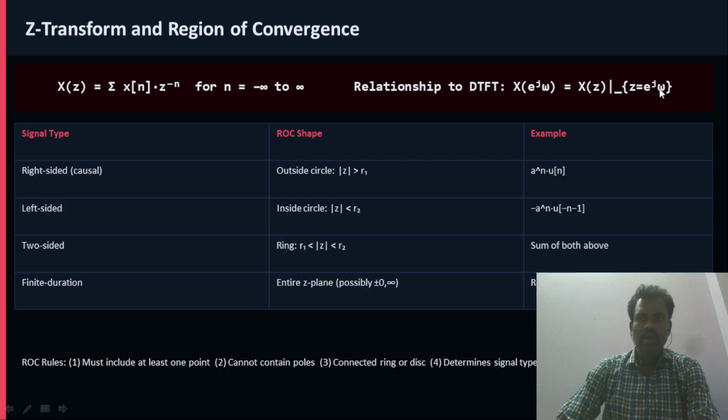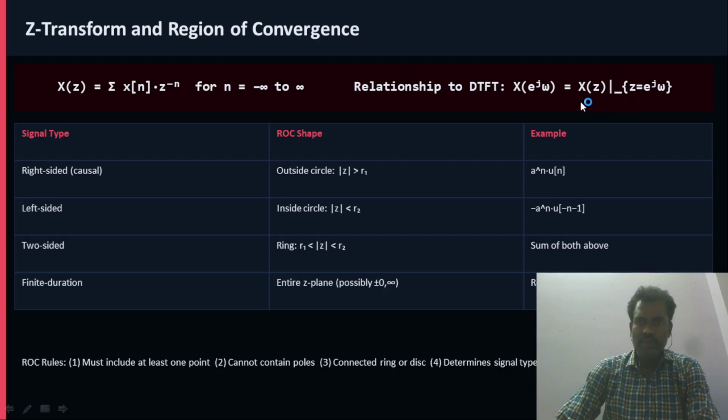So here z is equal to e power j omega means r is equal to 1. That means the z transform is equal to the Fourier transform evaluated on the unit circle.